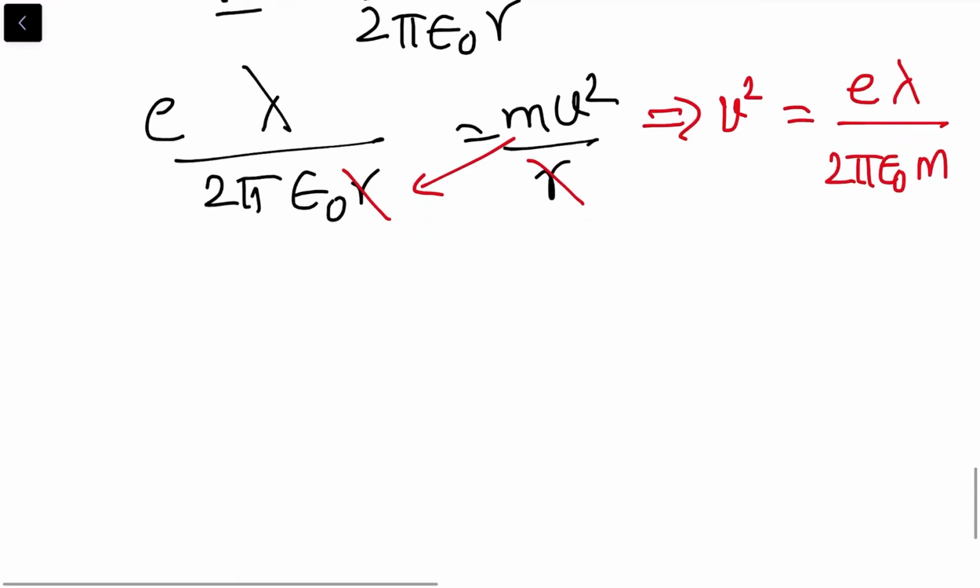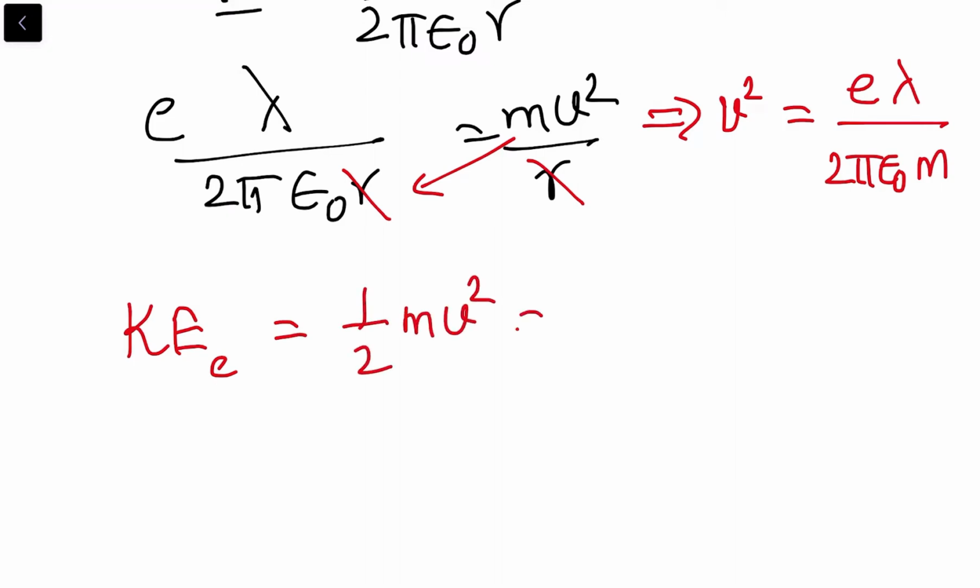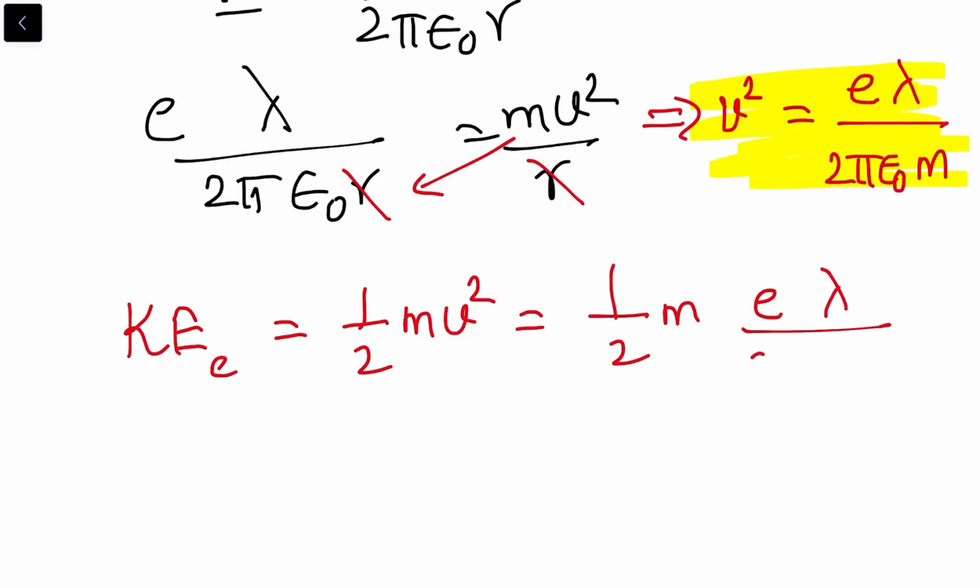Then what happens now? The kinetic energy of this electron is equal to half mv square. Therefore half m, and in place of v square we substitute this value, e lambda by 2 pi epsilon naught m.